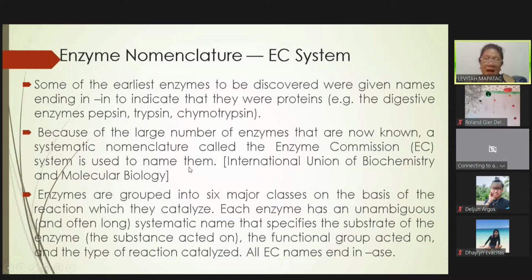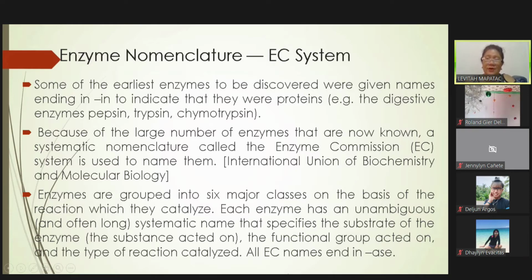Likewise, they come up with the EC, the enzyme commission way of naming it. That is the International Union of Biochemistry and Molecular Biology. So enzymes are grouped into 6 classes.